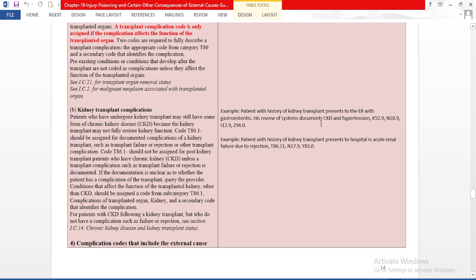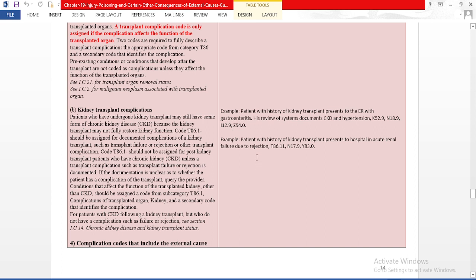His review of systems documents CKD and hypertension. Here, patient has gastroenteritis, so we need to code K52.9 as well as CKD stage and hypertension, N18.9 for CKD and I12.9 for HTN with CKD combination code.